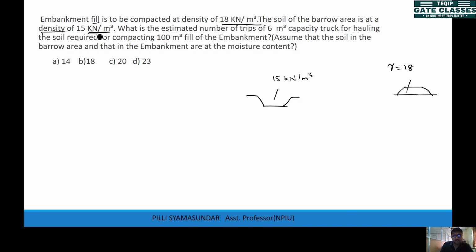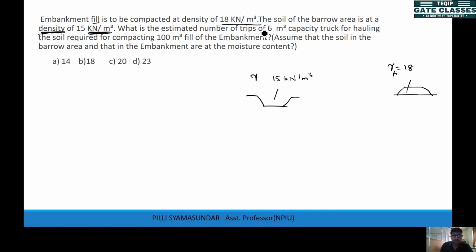So the density would be in kg per meter cube. His intention is right, but his writing is wrong. Fine, we'll take it as a unit weight only because it is in kilonewton per meter cube. This is the unit weight of the borrow pit, and this is the unit weight of the fill.